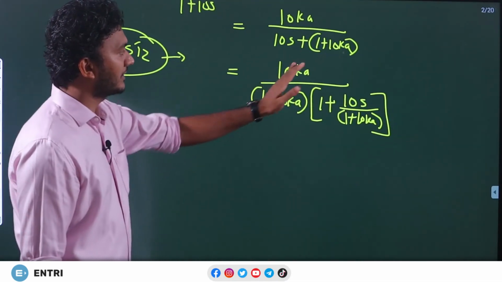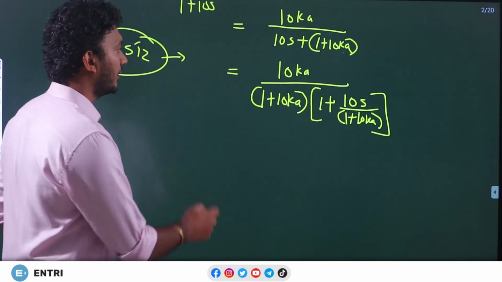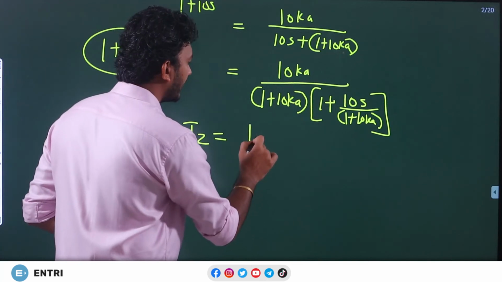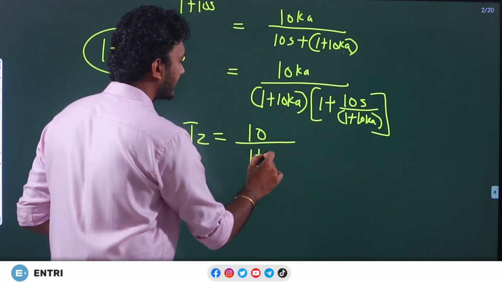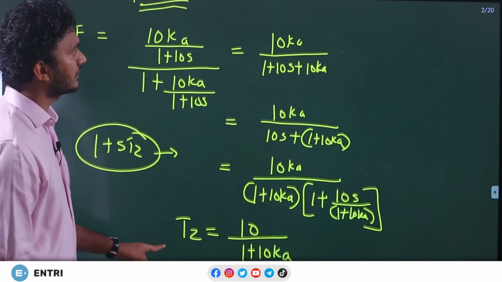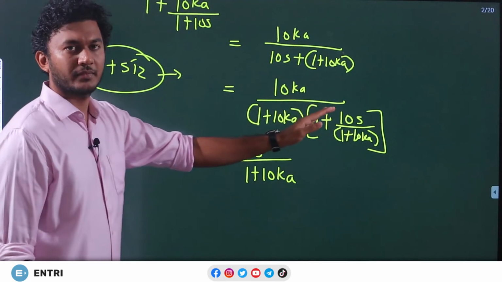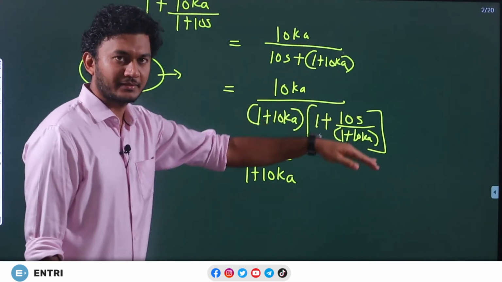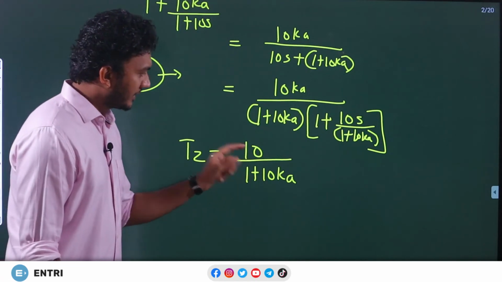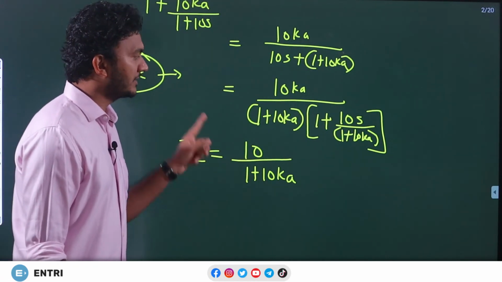Now this is some constant, and this is in the form of 1 plus St. Now what is T2? T2 is equal to 10 divided by 1 plus 10 Ka. So T1 was 10, and T2, when I give feedback, is 10 by 1 plus 10 Ka.